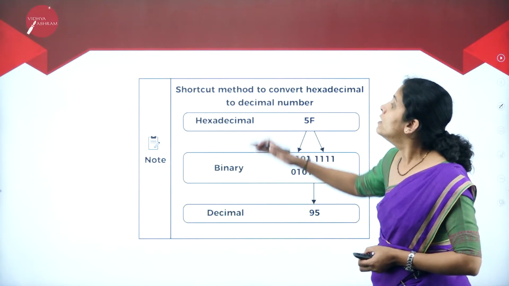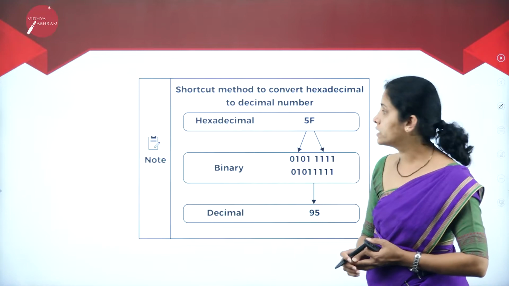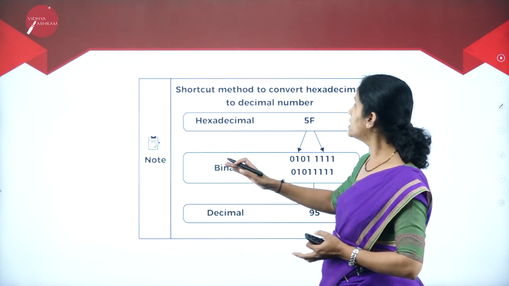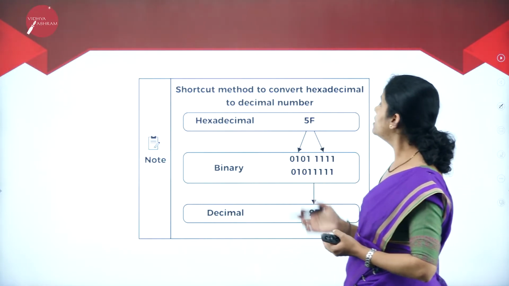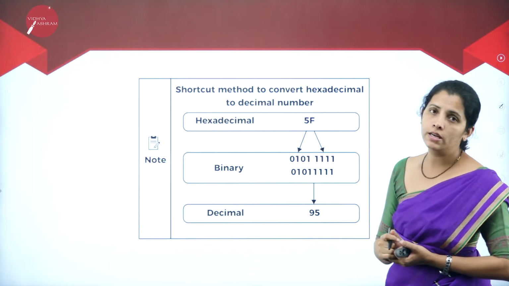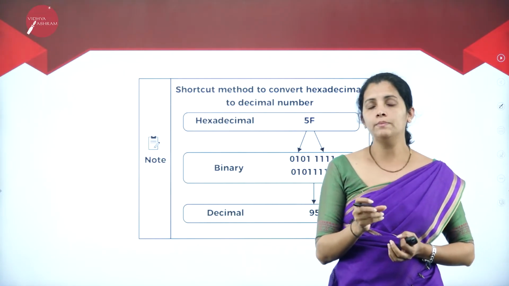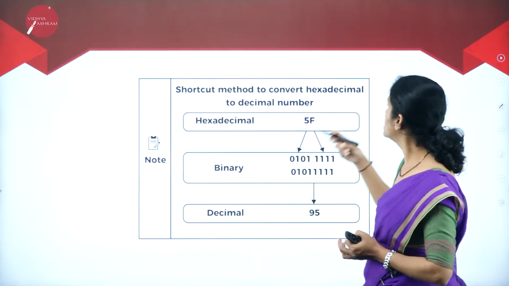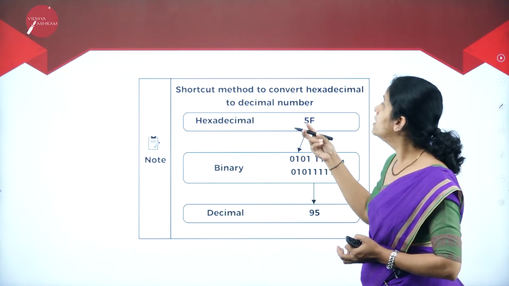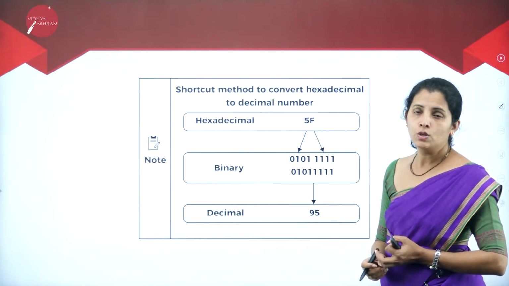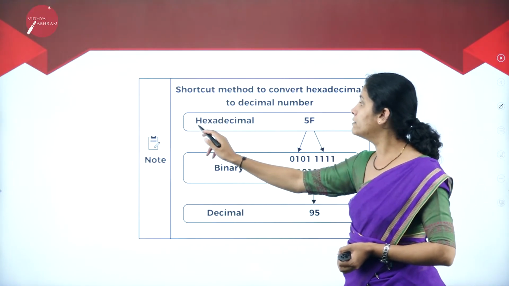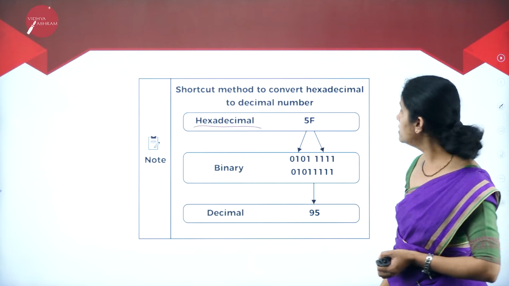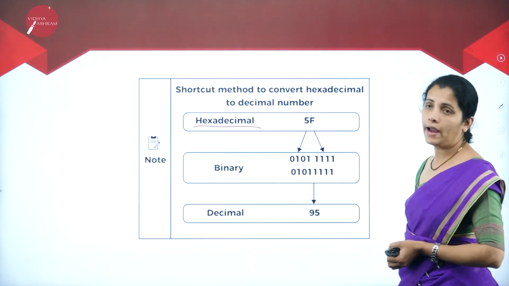Then I'm going to show the shortcut method to convert a hexadecimal number to a decimal number. At the beginning, I'm going to have the hexadecimal number, that is 5F.